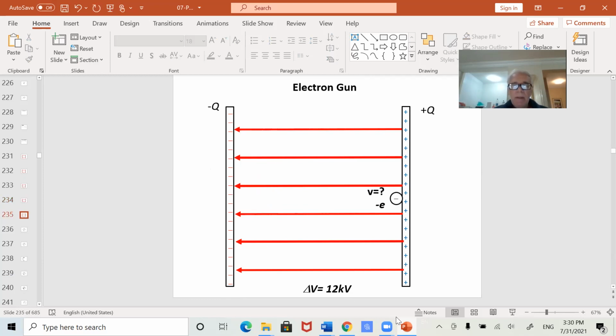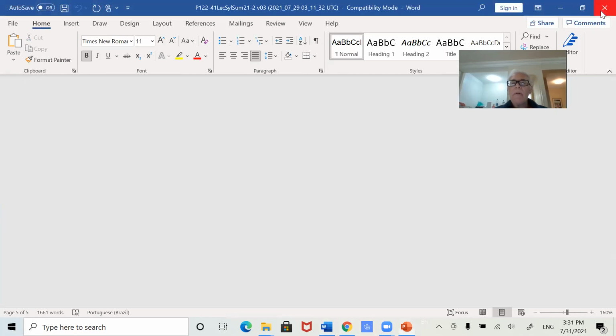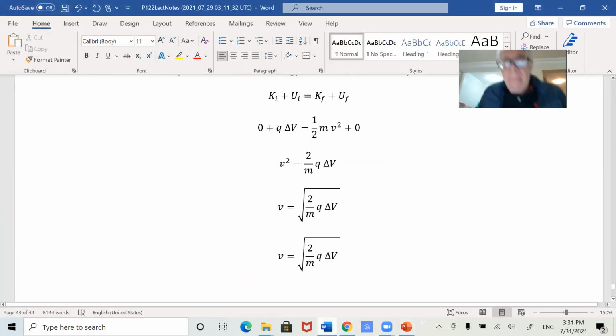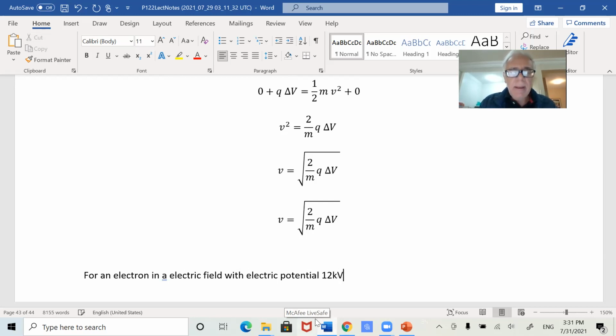So let's find out. Let's close this one here. For an electron in an electric field, the electric potential difference is 12 kV.